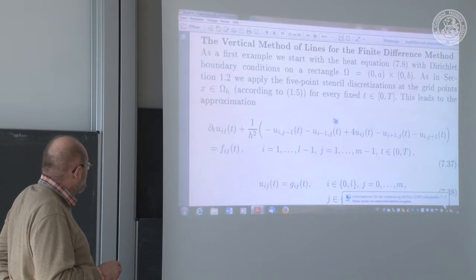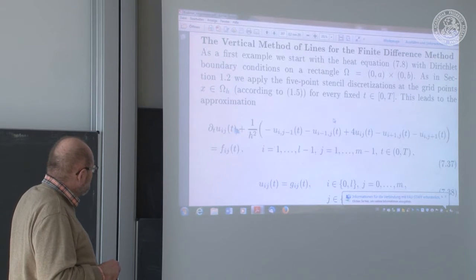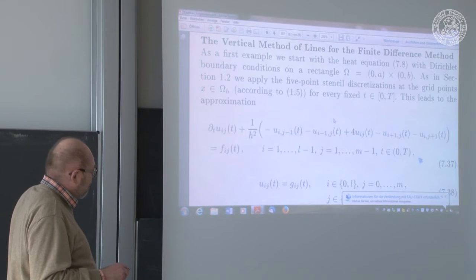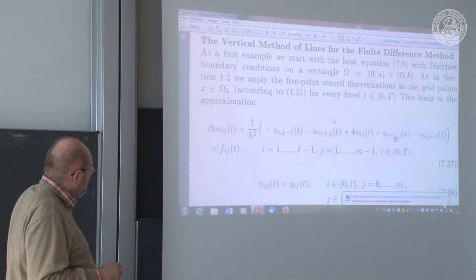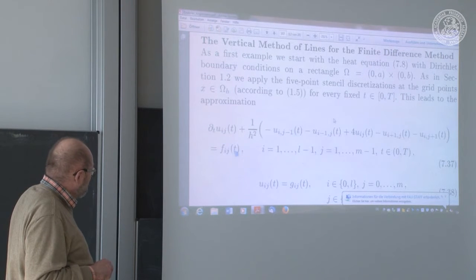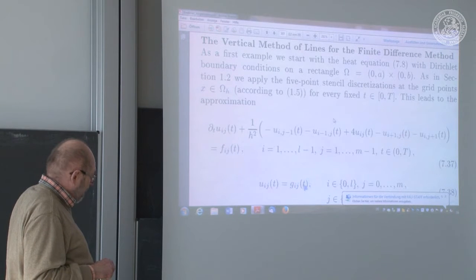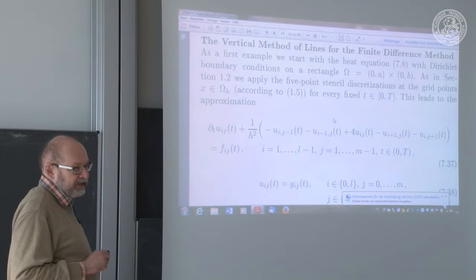We fix an instant of time. We keep the time derivative as it is, and we perform the spatial derivative in the way we started with. So we get here the 5-point stencil in the natural double index notation, and correspondingly the right-hand side evaluated, now also depending on time, and correspondingly the boundary condition with a heterogeneity which now might also depend on time.